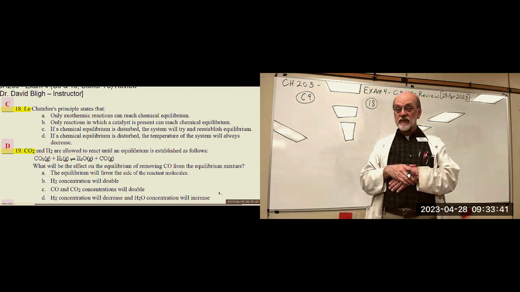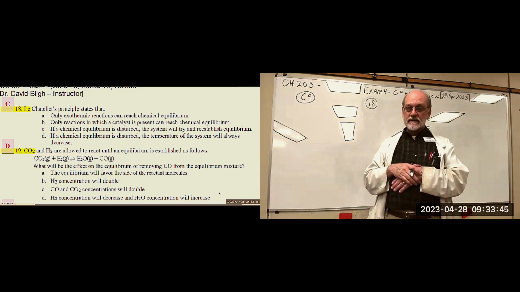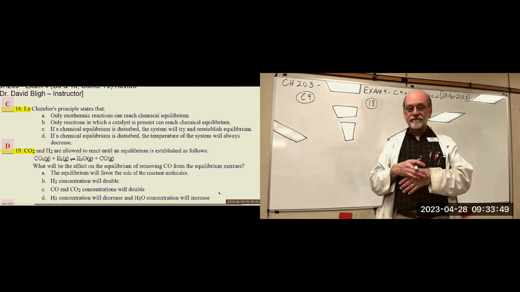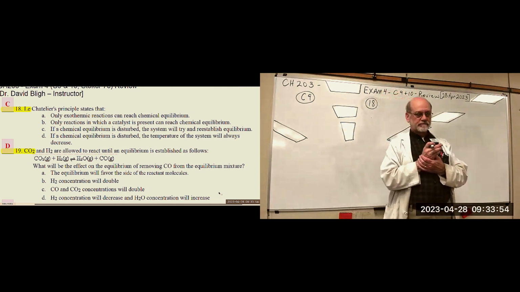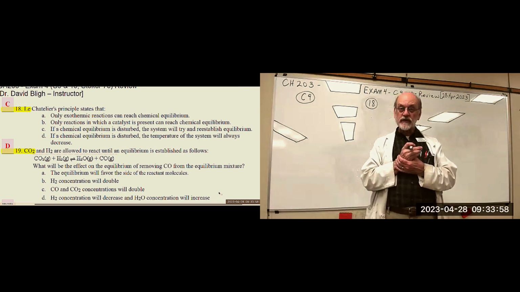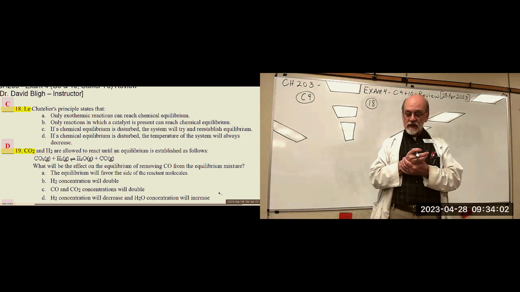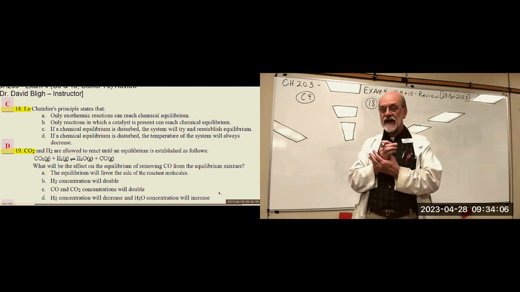Well, that's as false as it can be, because the catalyst only affects the speed that it reaches equilibrium. It doesn't affect the actual equilibrium. So a reaction that has a catalyst introduced will still have the exact same equilibrium expression for the K value, whether it's got a catalyst or not.